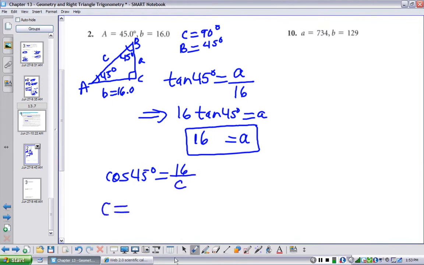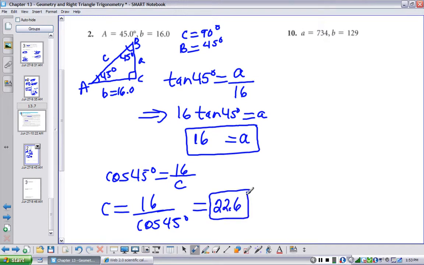So if you multiply both sides by c and divide both sides by cosine 45 degrees, c is going to be 16 divided by cosine 45 degrees, which is 22.6.